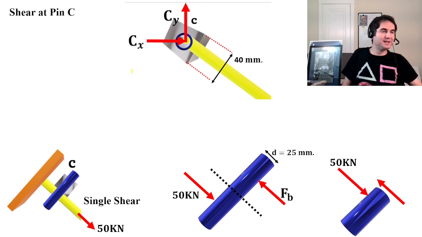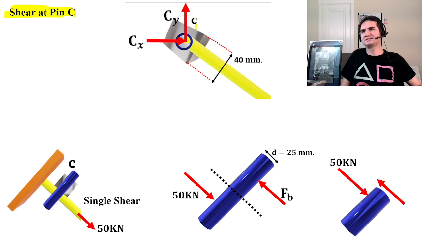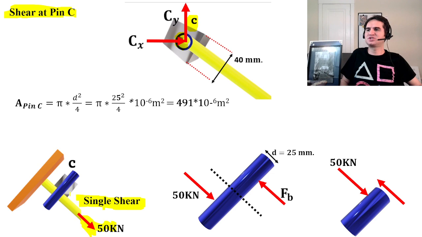Let's calculate the shear stress and start from the top, which is the pin at C. If you pay attention to the figure, you can simply see the 50 kilonewton tensile force applied in a single shear scenario. And the area of the pin at C is just pi times the diameter of the pin squared over 4.